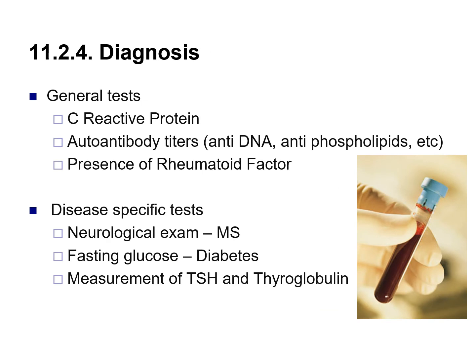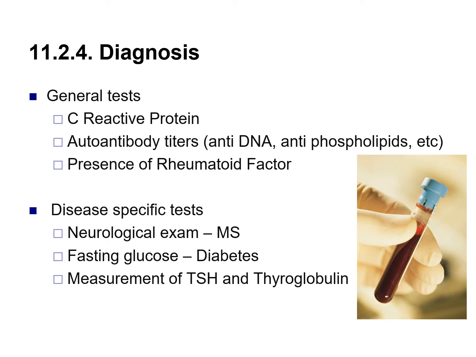So for the diagnosis, there are general tests and there are also specific tests. One general test, C-reactive protein. So this detects inflammation in general, and antibody titers, specific antibody titers. The presence of RF, rheumatoid factor, is also a screening test.